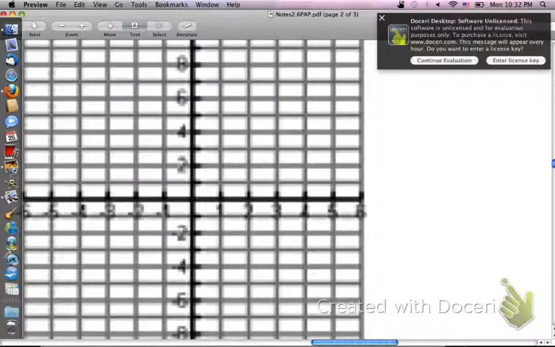Zooming in to graph our function, we want to graph the horizontal asymptote. Remember y equals 3. And our vertical asymptote at x equal to 2.